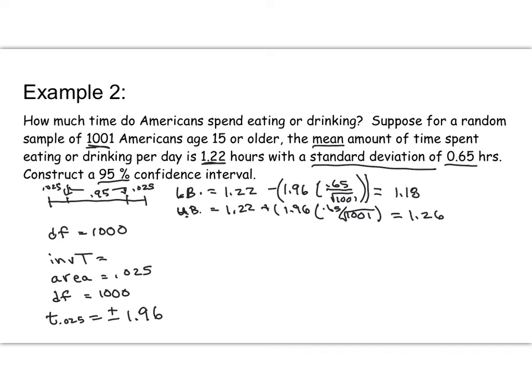So if I ask you for a confidence interval, abbreviating that too, you're going to put the lower bound. Oops, I don't want that. That was premature. I need to erase.